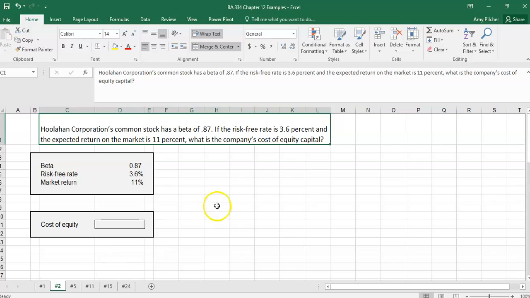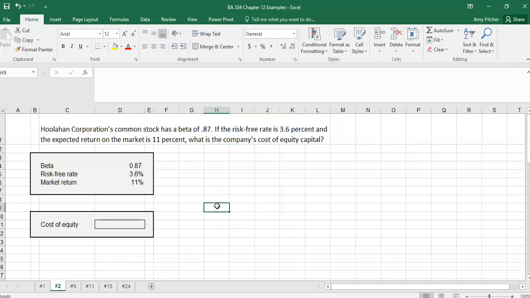In this next example, not all companies pay dividends or pay dividends consistently enough that we can use the dividend growth model to make any predictions about the company.